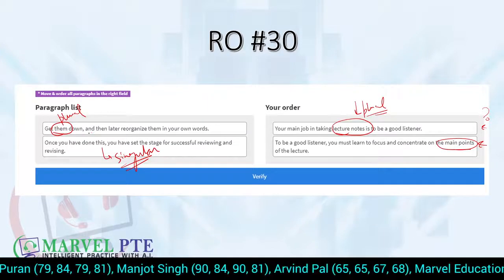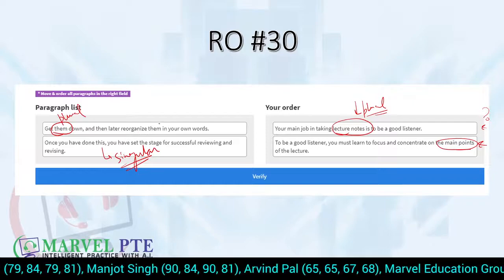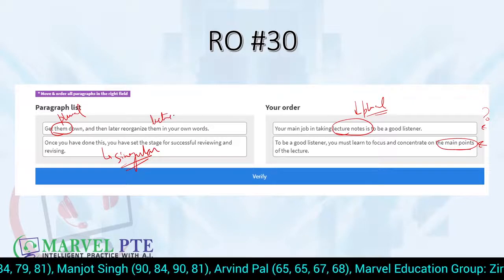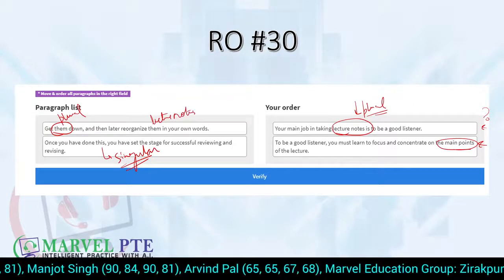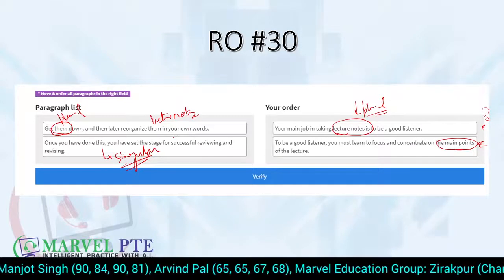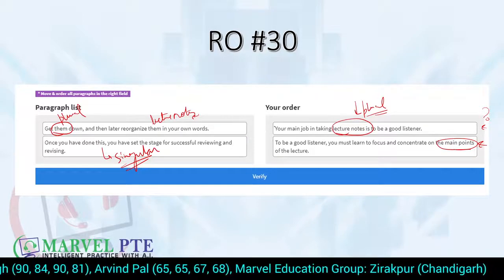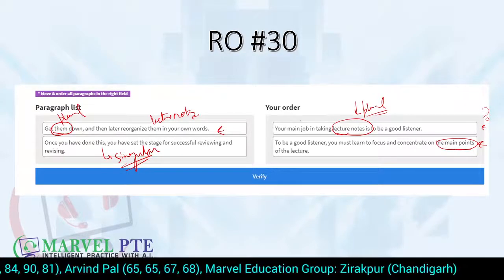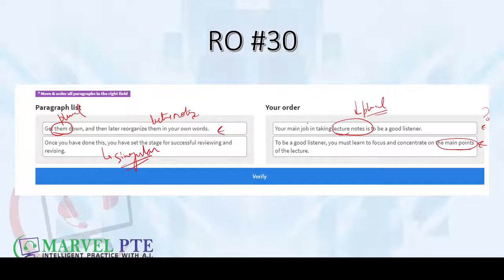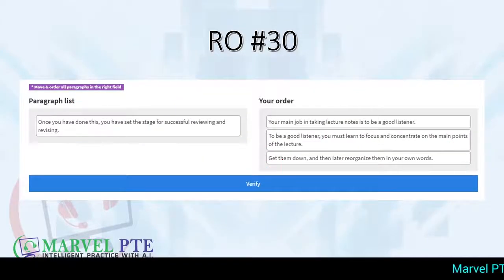Get lecture notes down and later reorganize lecture notes in your own words. So this makes sense also, right? Or you can say main points also. Get main points down and then reorganize main points in your own words. So this is the plural thing which makes sense. So that's why we are going to put this over here, and now we are just left with one, and it will be coming in the end.